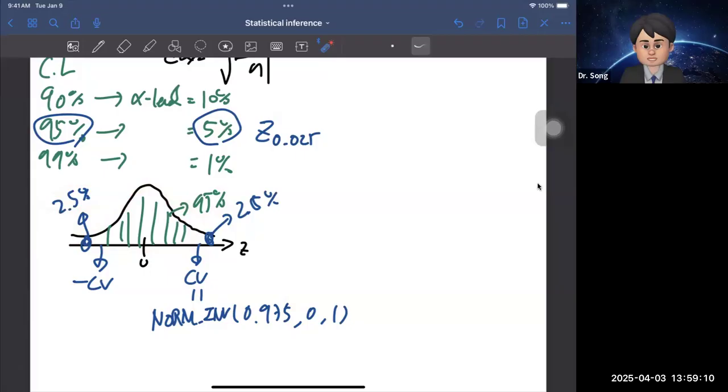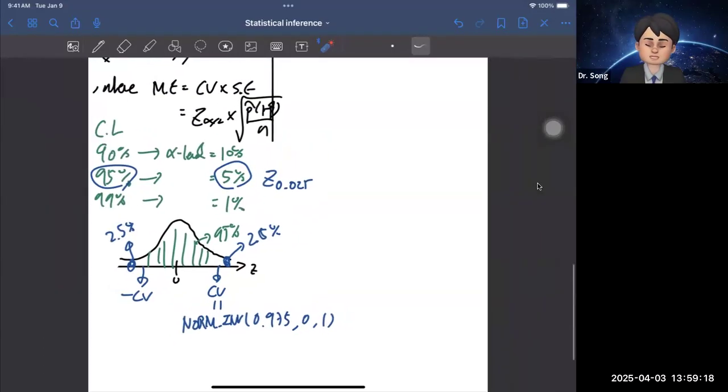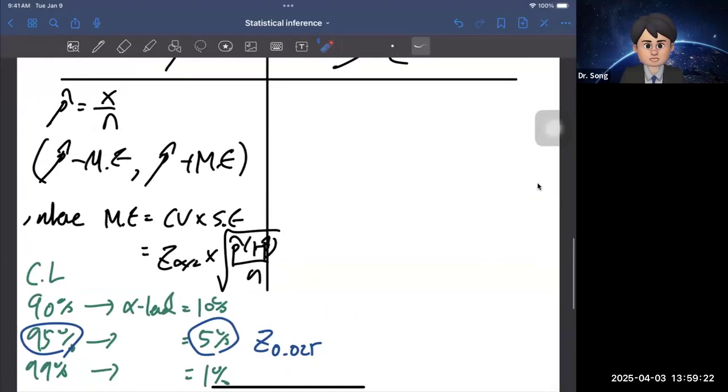So that's why the 97.5%, you can put 0.975 or you can put 97.5%. Once you get the critical value, you plug in here. And then the p hat, 1 minus p hat, you already know, which is just x over n. You can calculate the margin of error, then you will end up with this confidence interval.